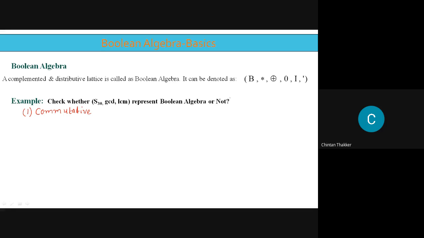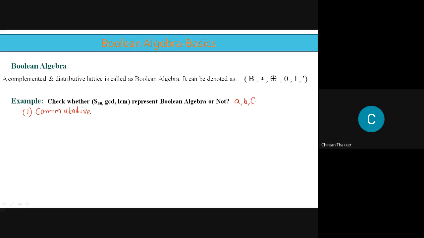For S30, if A and B belong to, sorry, we take 3 elements, not only 2 elements, because in the associative property we require the third element.